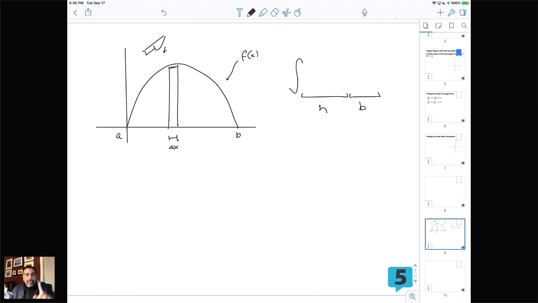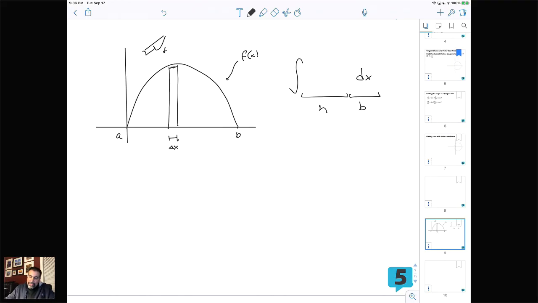But as that delta x shrinks closer and closer and becomes infinitesimally small, we change the notation from delta x to dx. That's important for all your students to understand. You really want to drive that home, that as we bring those two points together, the delta changes from a two-point difference to the Leibniz notation of dx, which is a one-point difference. So my bases are dx.